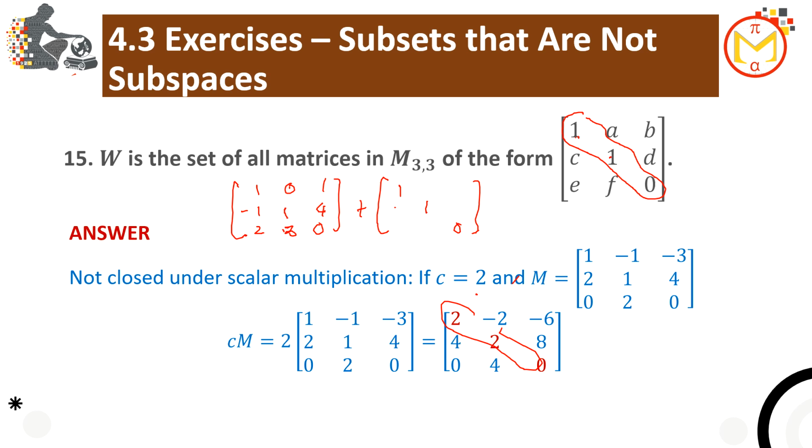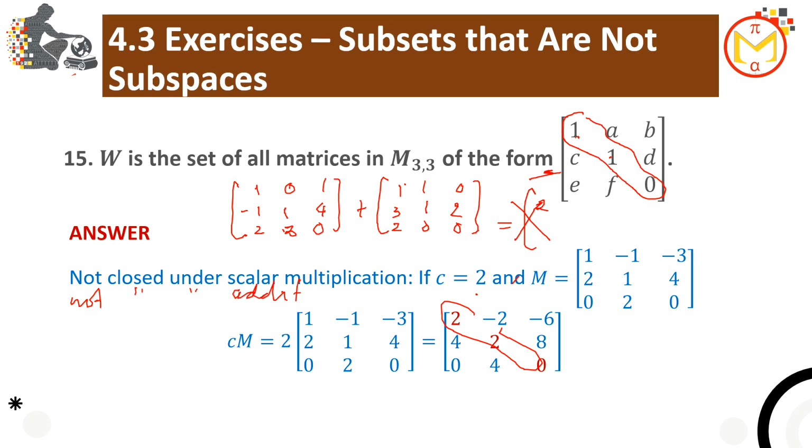I have 3, 2, 0, 1, 0. Let's say 0, 2. If I do addition, what will happen to this? 1, 1 will now become 2. So right there, it does not follow the form. So it is not closed under scalar multiplication, and not also closed under addition.